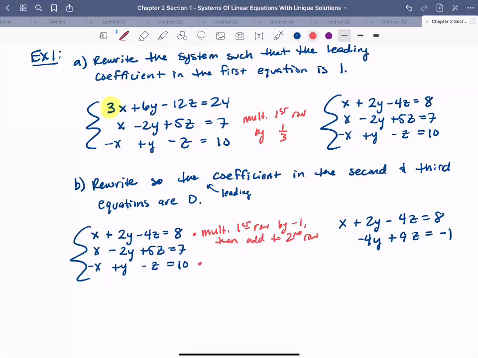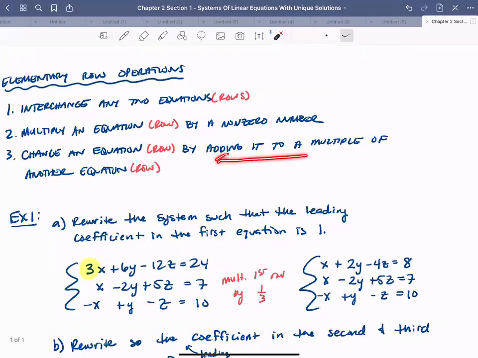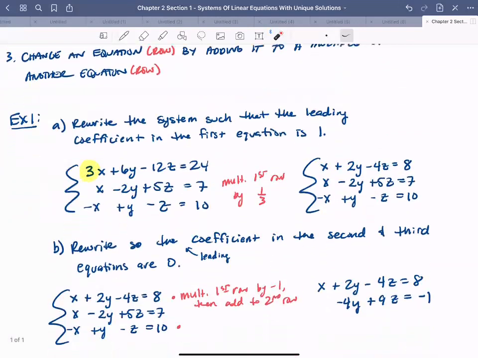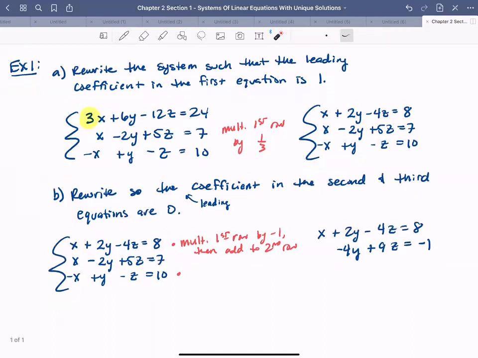Now we have to look at our last equation. If you look at this, here's 1, this is -1. They're already exactly what we want, so we don't have to multiply this by anything. You might say, but it says we have to add to a multiple of another equation. Okay, fine. To satisfy that, we multiply all this by just 1, which does nothing, but it's a multiple of it.